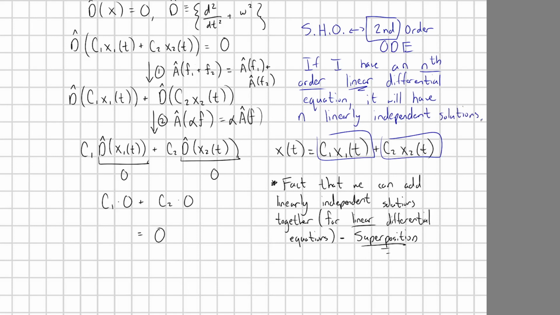This is a very general fact. So if I have a fourth order differential equation that's linear, it will have 4 linearly independent solutions. And again, we can get the total solution by writing a linear combination of your solutions. So I could write out C1 times X1 plus C2 times X2 plus C3 times X3 plus C4 times X4, and this would satisfy that fourth order differential equation. So this is a very, very important fact.